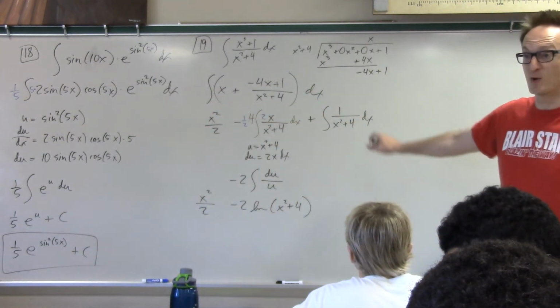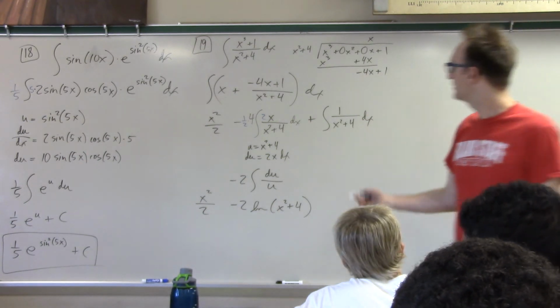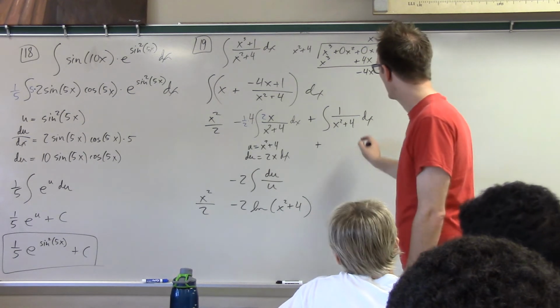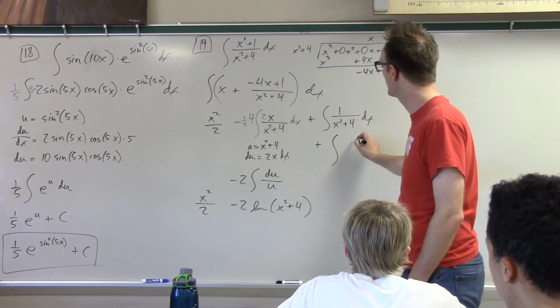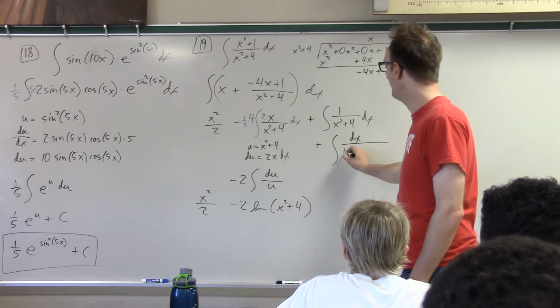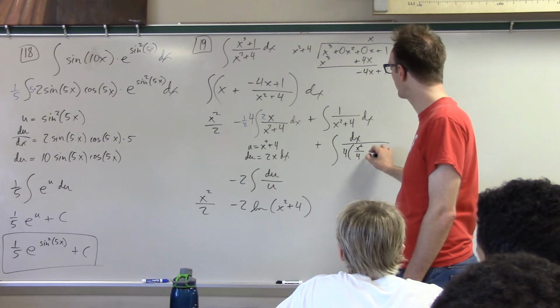Also algebra. We can just do it by factoring out a 4. This is what you guys are telling me to do? Something like that. Yeah. So on the top we have dx, and on the bottom we take out a 4. And then this is x squared over 4 plus 1.